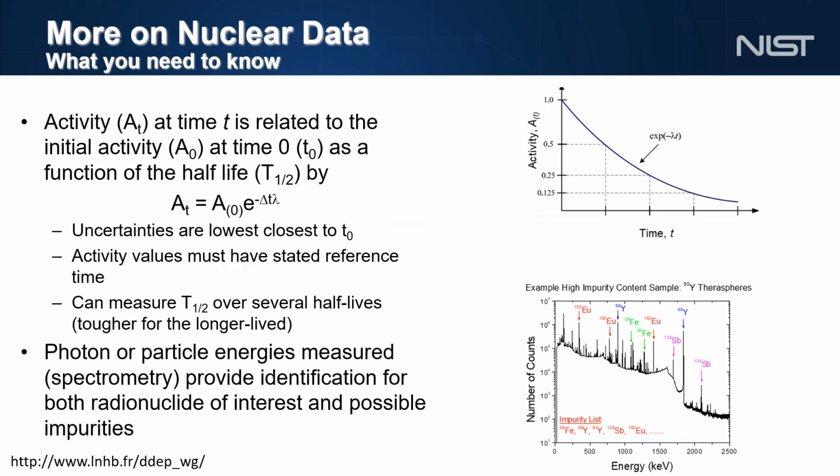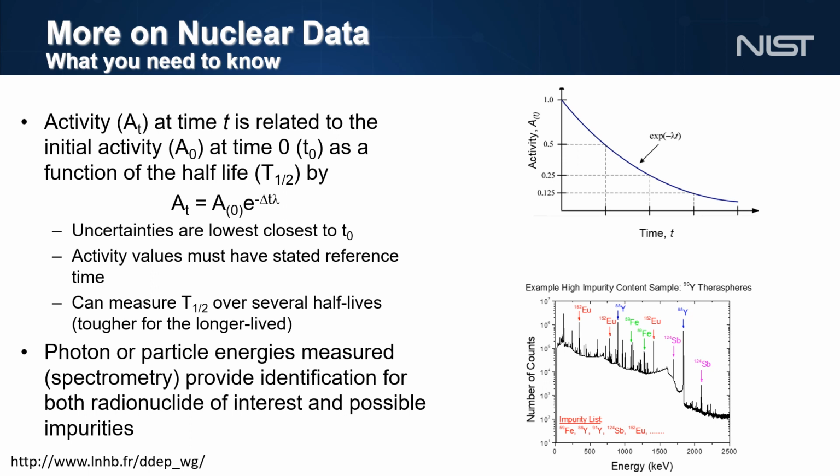Knowing the half-life or the rate of decay is extremely important. The closer a measurement is made to a reference time t0, the lower the associated uncertainties. This is especially relevant for very short-lived nuclides, such as those used in nuclear medicine.